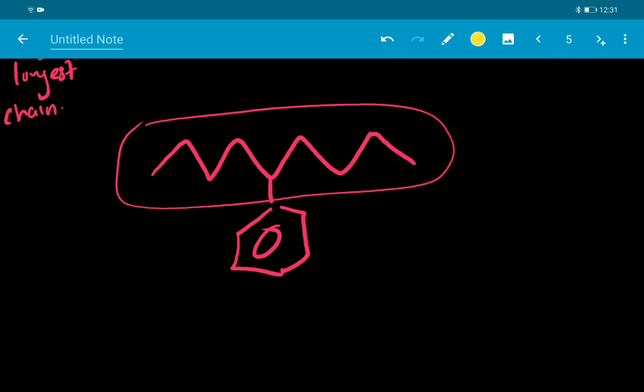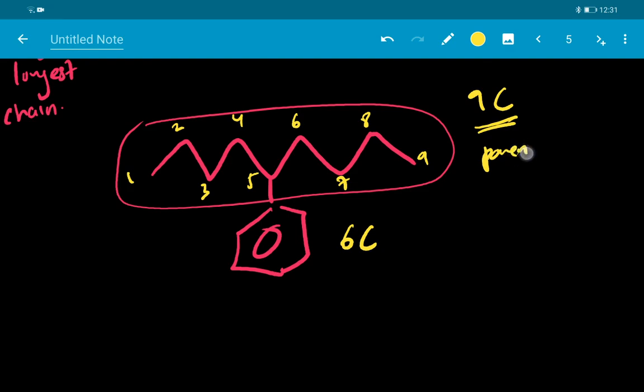So as you can see here, in both numberings, the benzene will be positioned at carbon number 5. For the longest chain, we have 9 carbons. For benzene, we only have 6 carbons. Therefore, the aliphatic chain will become the parent chain.